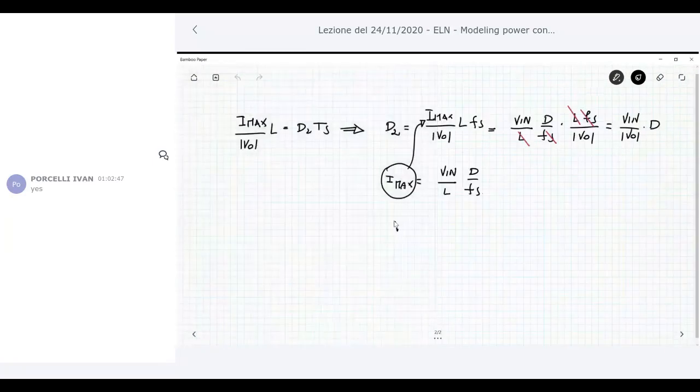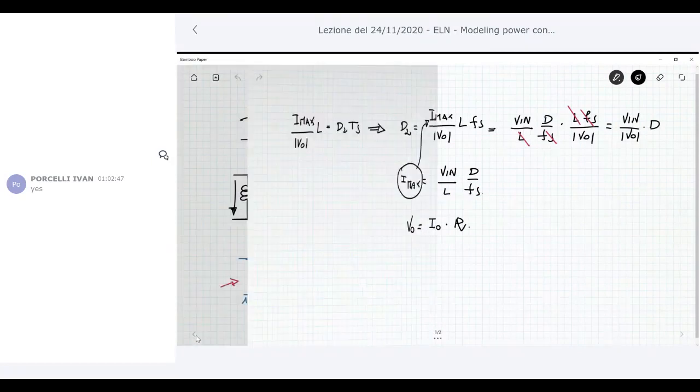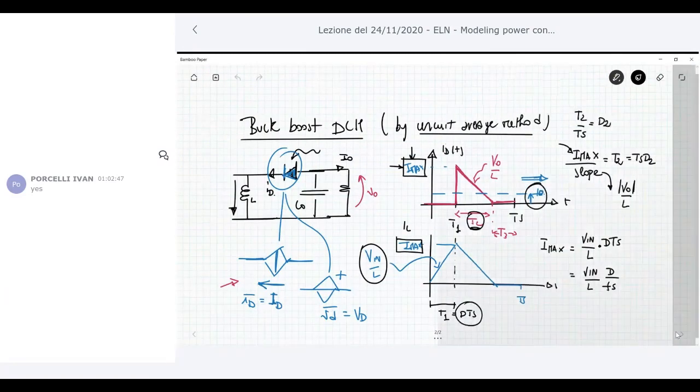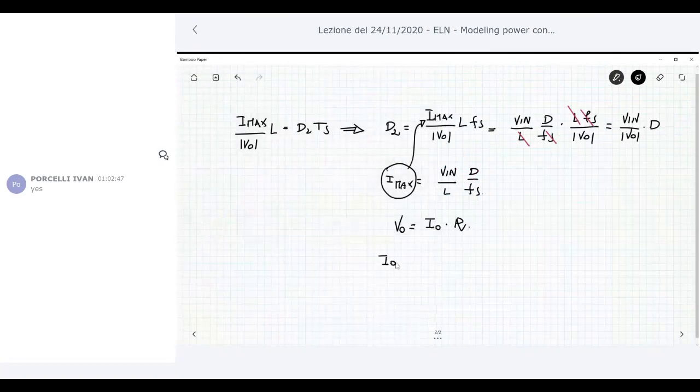V naught is simply I naught multiplied R. Okay, and I naught is the current flowing to the load. Is this current here, I naught? Okay, which is say constant current, and this constant current is exactly the average value of the diode current. So I can define I naught just by taking the average of the triangular waveform in the diode.